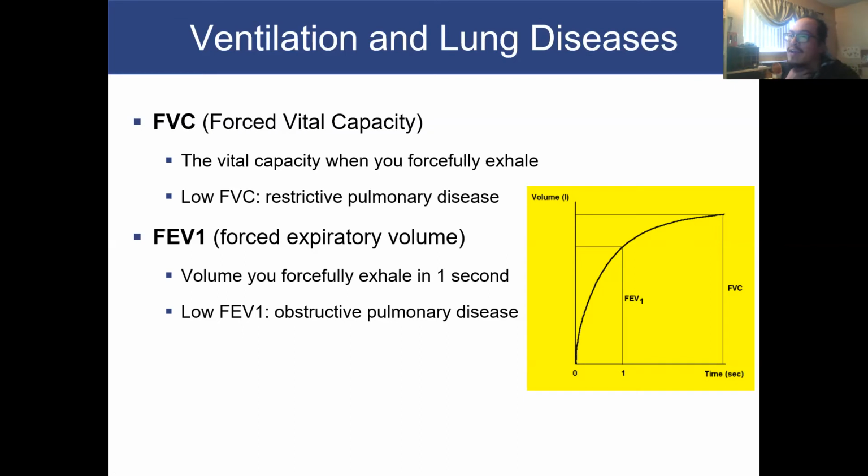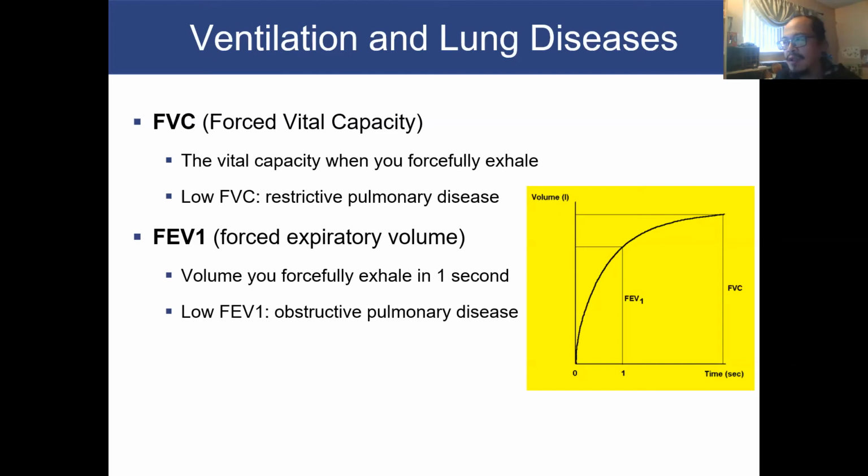But if your airway is open, as in everybody else, but your lung capacity is smaller, then in the very first second you can breathe out as fast as everybody else. So you will have the normal FEV1, but the total amount you can breathe out is limited. Then you will have the lower forced vital capacity. By reading these FVC and FEV1, we can diagnose the lung disease into two different types.